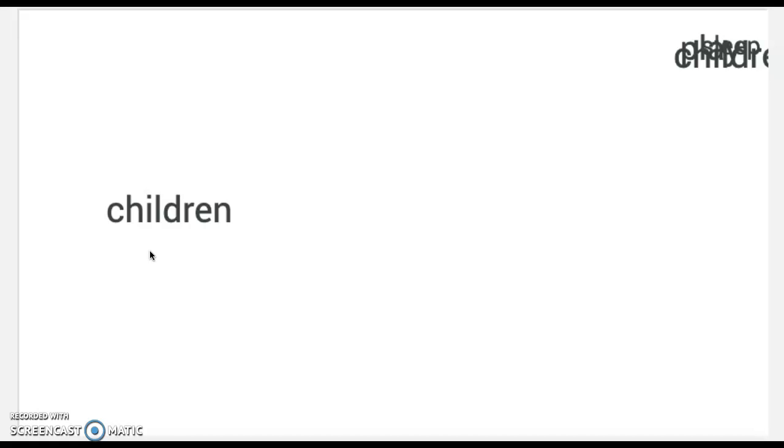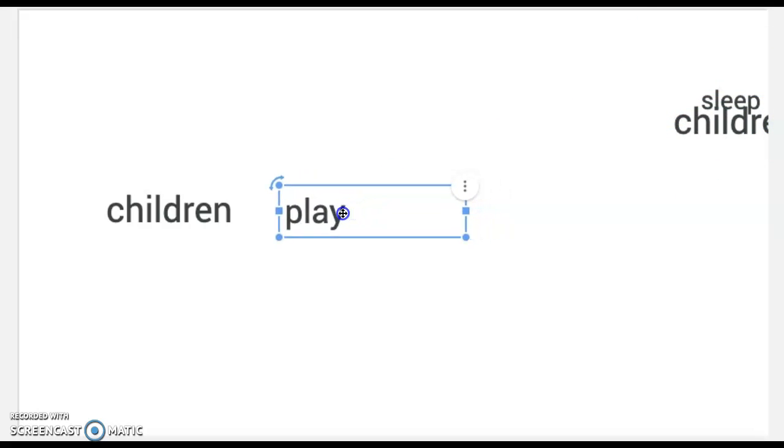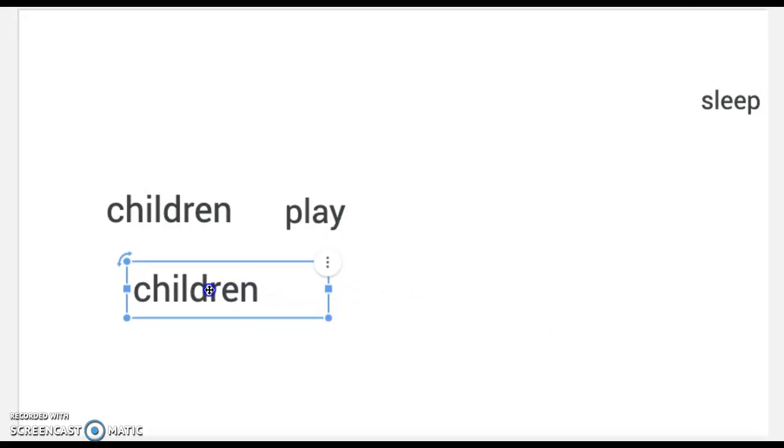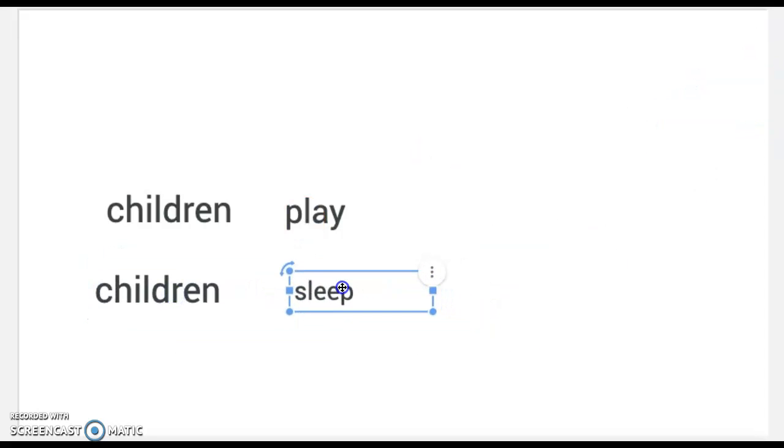All right, so if we think about a verb to go along with children, well, we could say that children play. We know that children play, right? We could also say that children sleep.